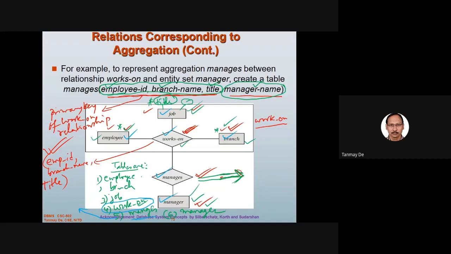But if we don't allow null values in the manages relationship, or maybe the managers table, at that time the work on table is required. If we allow the null value, then the work on table is redundant, not required. If we don't allow the null value in the managers table, then the work on table is required.